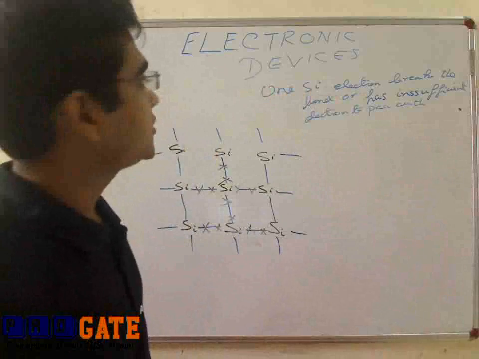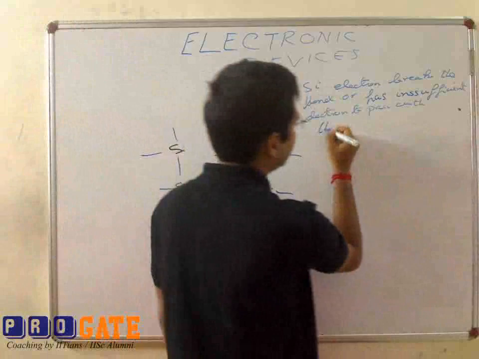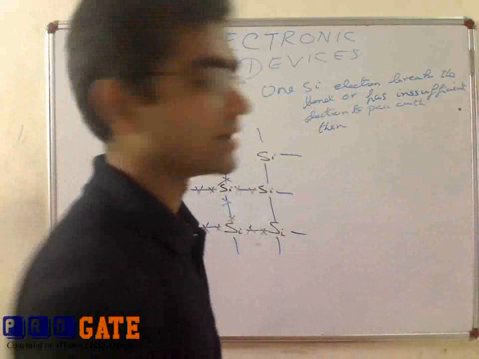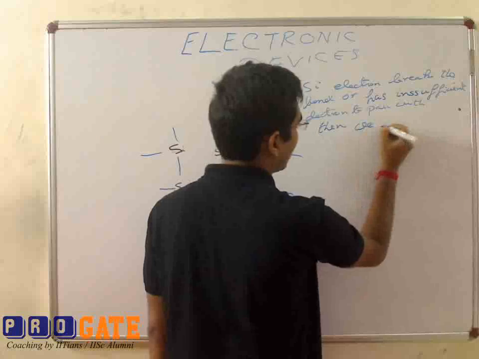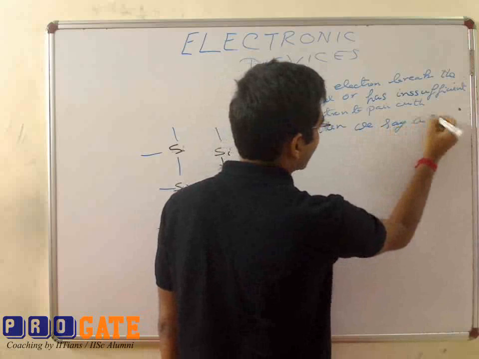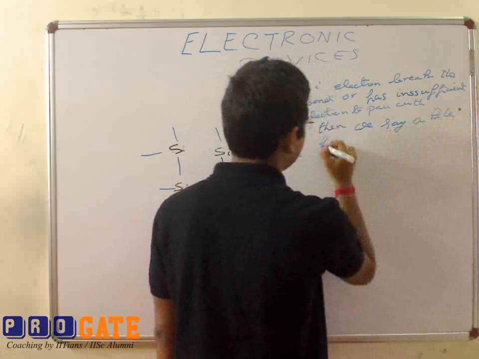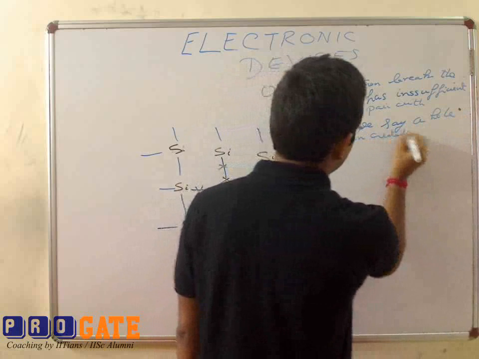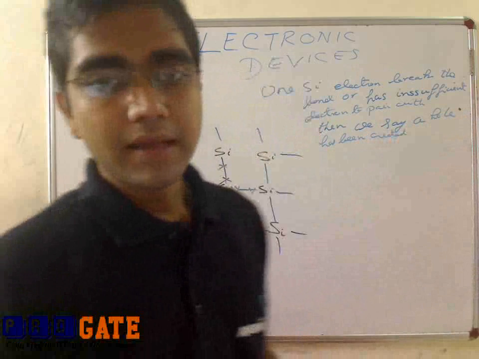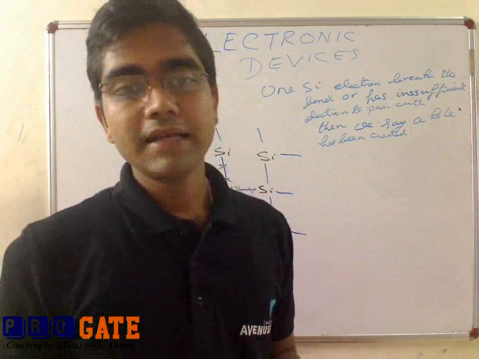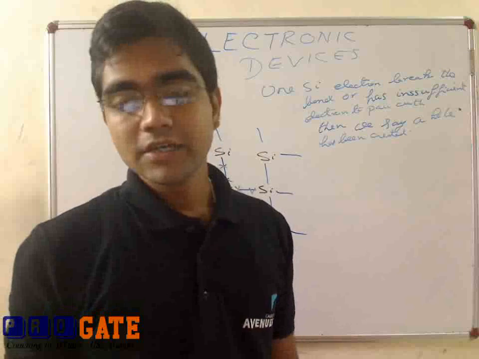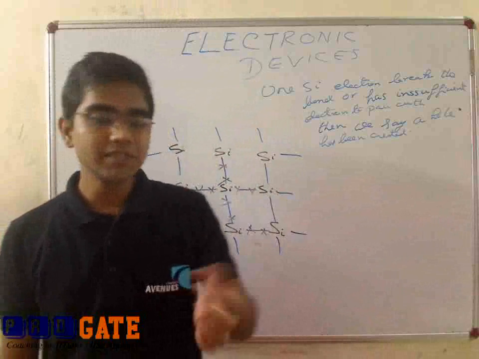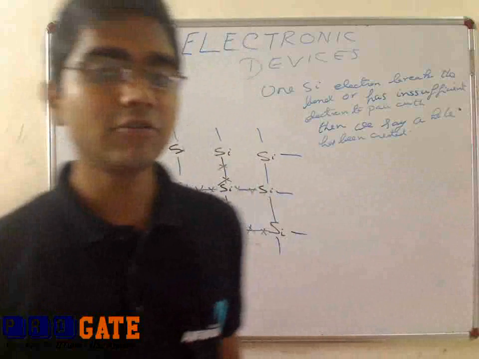Breaks the bond and has insufficient electrons to pair with, then we say a hole has been created. In this case, a hole is nothing but an entity to describe that no electrons are present, but there is a possibility of an electron lying in that particular position.